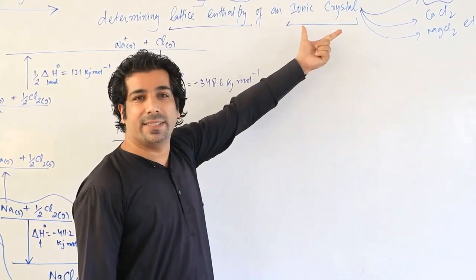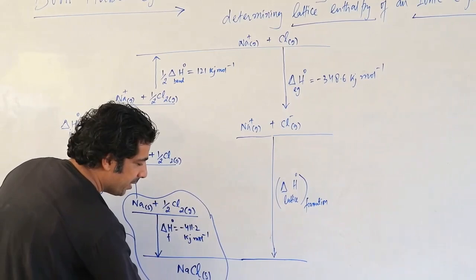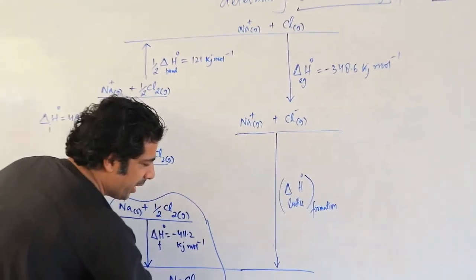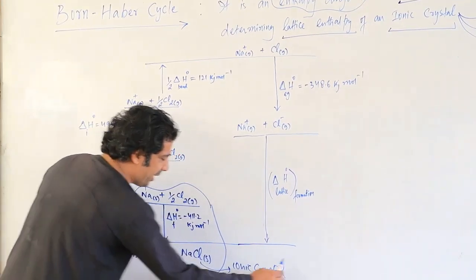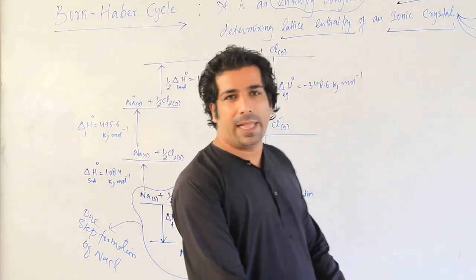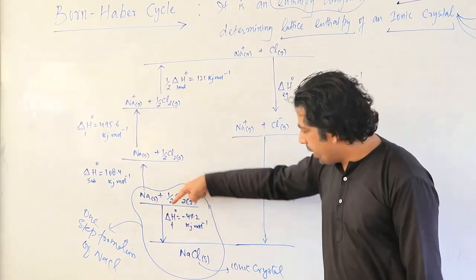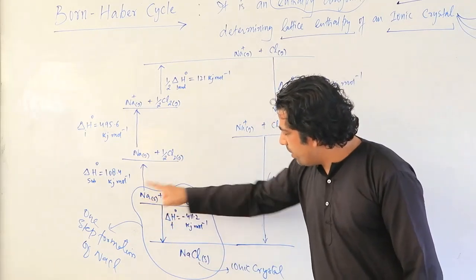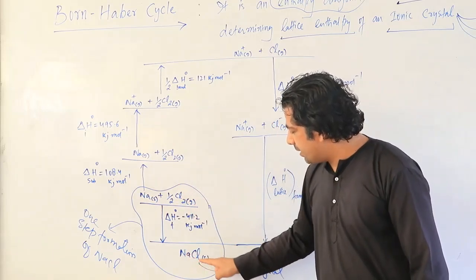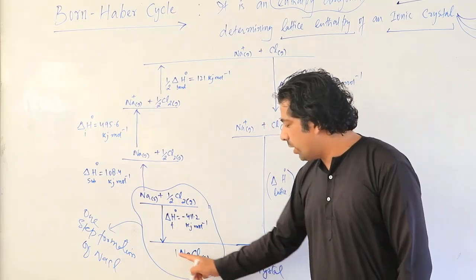Look here, my dear friends, I have to calculate the lattice enthalpy of an ionic crystal. So this is my ionic crystal, my dear friends. You can take any ionic crystal, but I am taking NaCl here. And let us understand how to calculate this lattice enthalpy. First of all, in this step, you can see this down arrow. Sodium is reacting with chlorine to make NaCl, my dear friends. And how many moles of NaCl are formed? 1 mole.